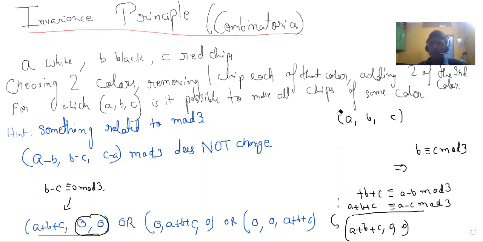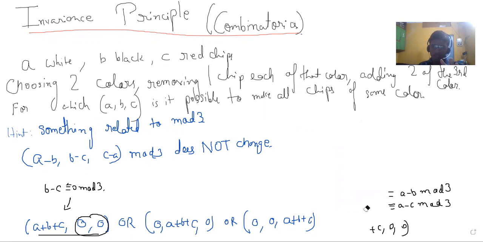I suppose we can just use some sort of an induction, right? Okay, let's see. So first, let me write the condition. Two of them have to be the same modulo 3. At least that's a necessary condition.